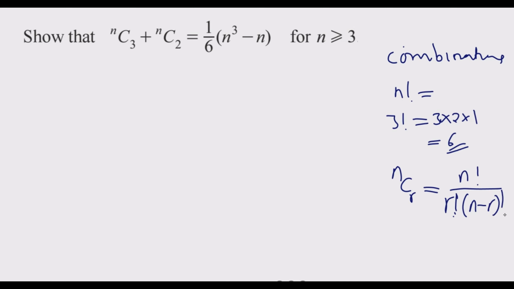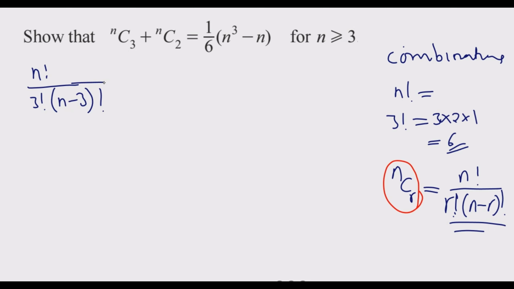That's the meaning of what you are seeing on this side. So using the same principle, let us apply this now. It will be n factorial over 3 factorial, multiplied by n minus 3 factorial.